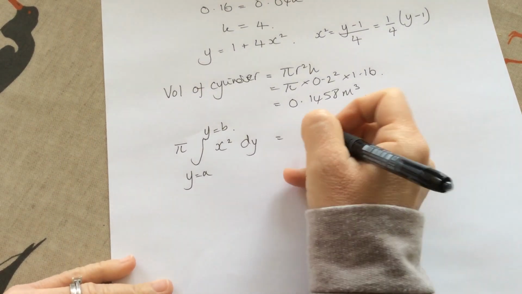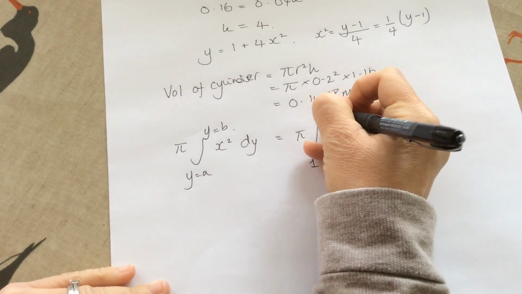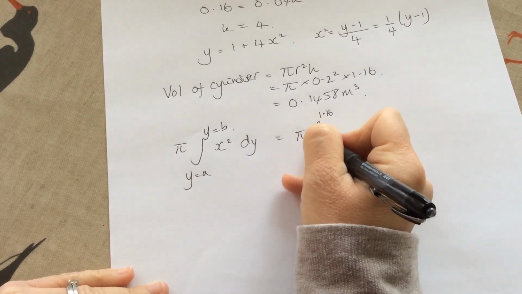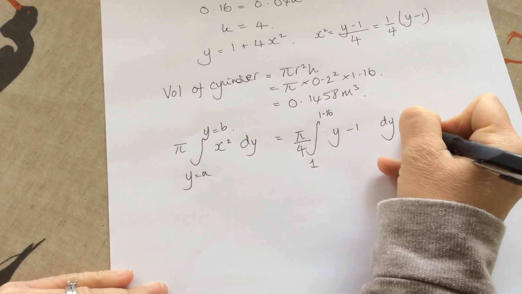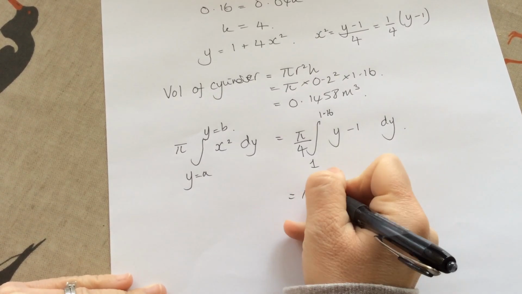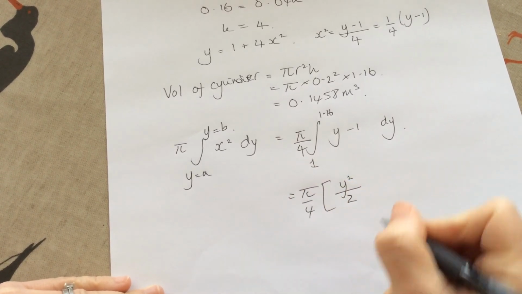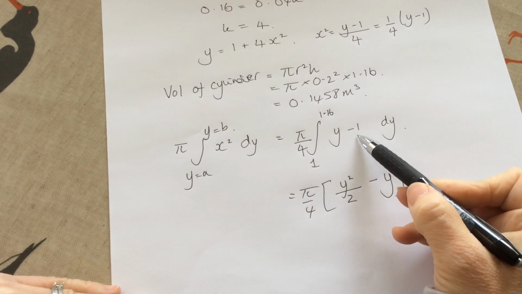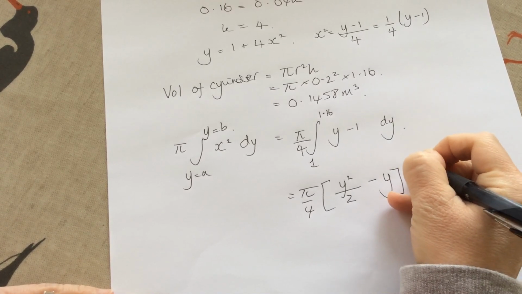So when I come to do my integration here, it's going to be pi, with 1 and 1.16 as my limits, of a quarter times y minus 1. I'm going to take the quarter outside my integral so that it makes my integration a little bit easier. I'm going to add 1 to the power, so y squared, divided by the new power. Same for the 1: add 1 to y to the 0, so it becomes y to the 1 divided by 1. And then I've got my limits.